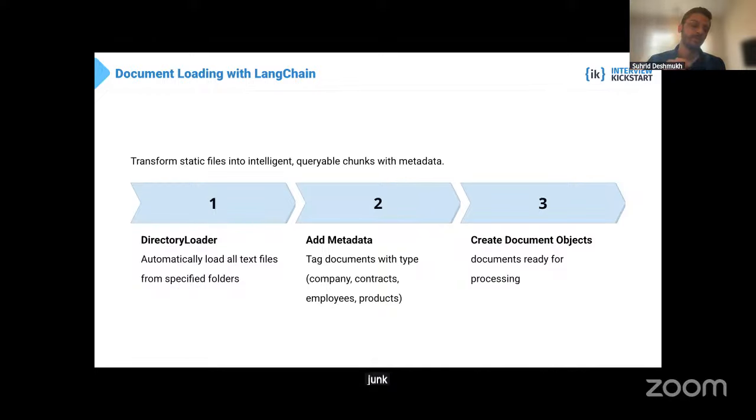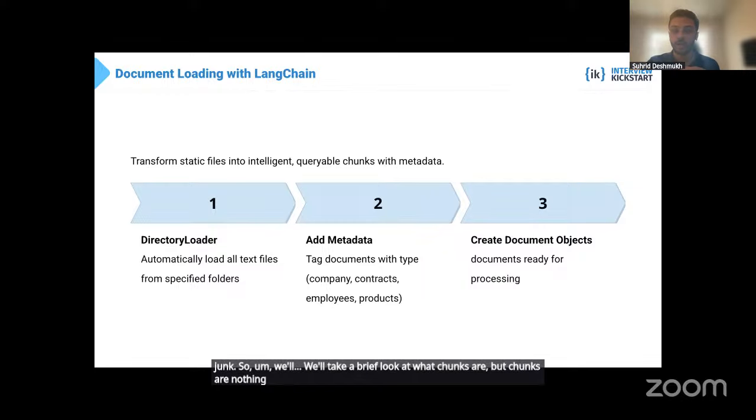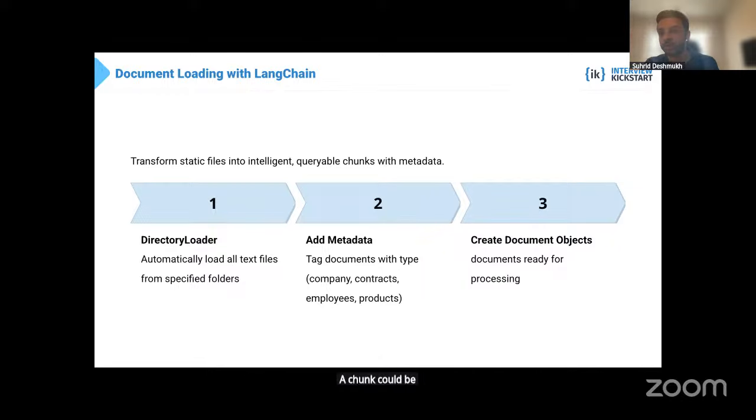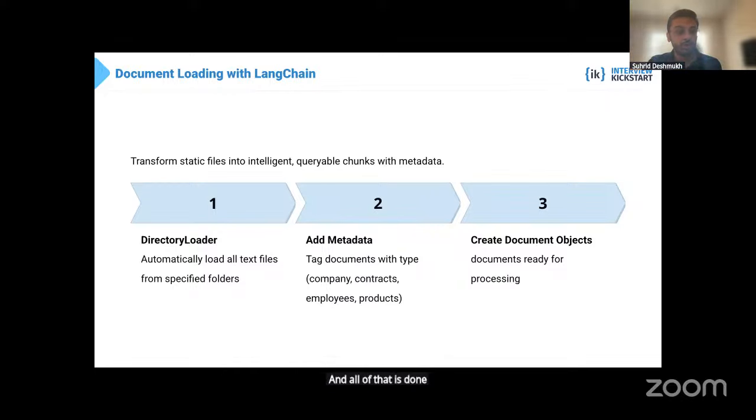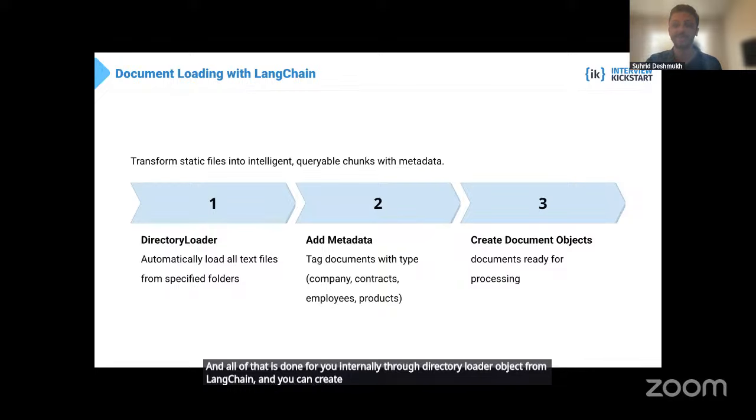We'll take a brief look at what chunks are. If you have a 100-page document, a chunk could be one-fourth of a page, and you essentially have 400 such chunks for a 100-page document, for example. All of that is done for you internally through the directory loader object from LangChain, and you can create document objects which are then ready for processing into a vector database.